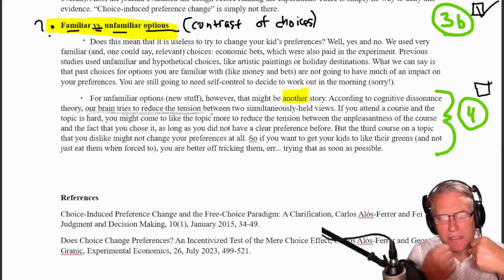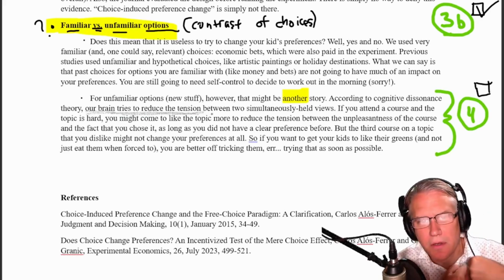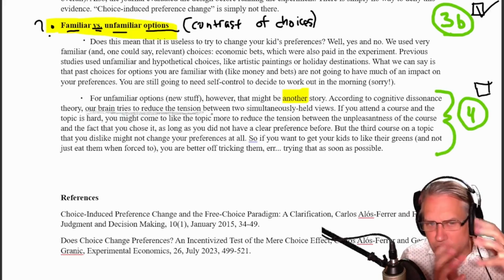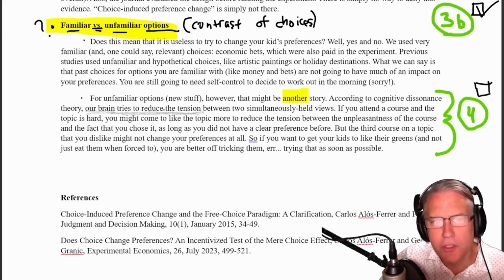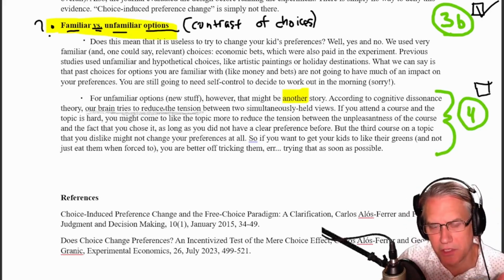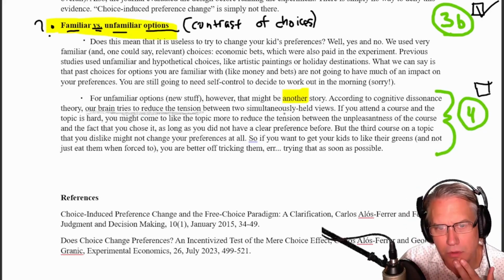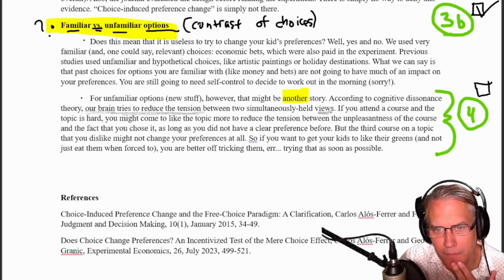The tension is some kind of a conflict. There's a struggle in the brain, and it's trying to reduce that tension between two simultaneously held views. So a view is going to be an opinion. What does simultaneously mean? At the same time, right?